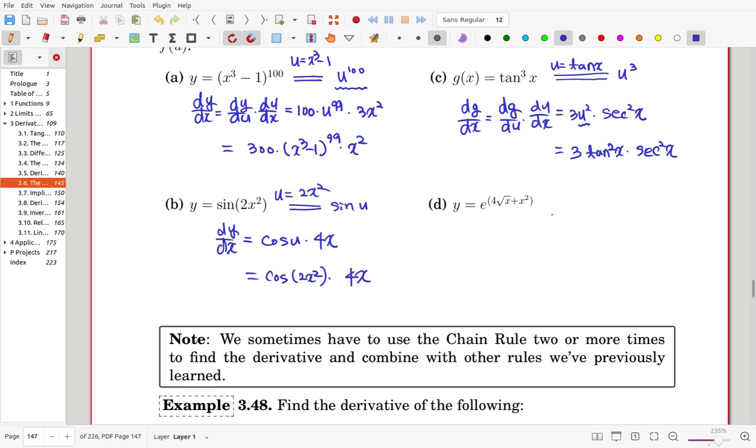Again, the same for that one. If we are using u equals 4 square root of x plus x squared, then this function becomes e to the u. So here dy over dx is the same as, let's write down the formula, dy over du times du over dx.